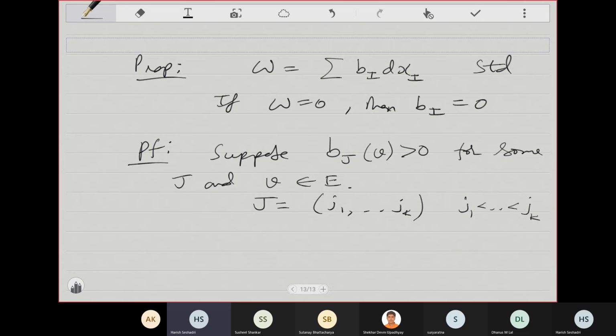Now, this proposition was just after we introduced differential forms, so I don't need to assume that these are C1. Just continuity is good enough, since Bj is continuous.